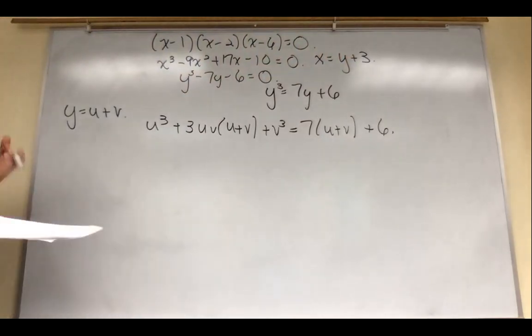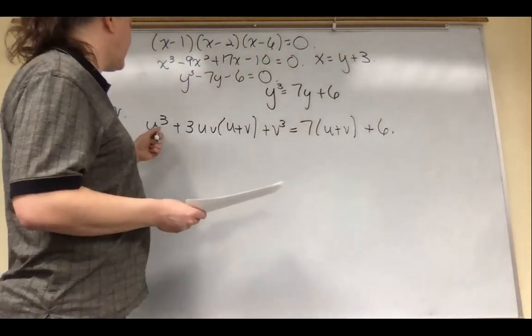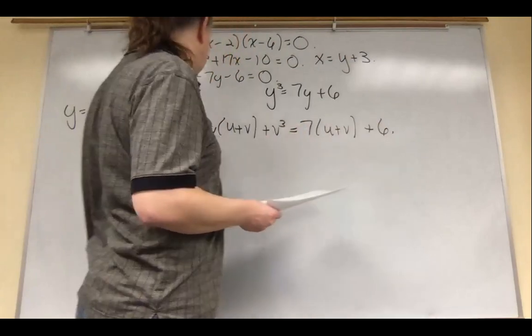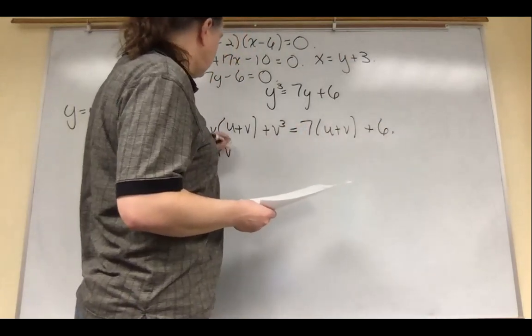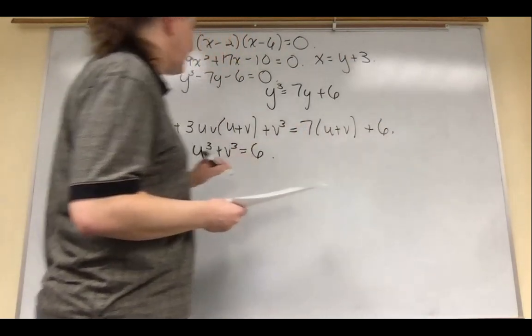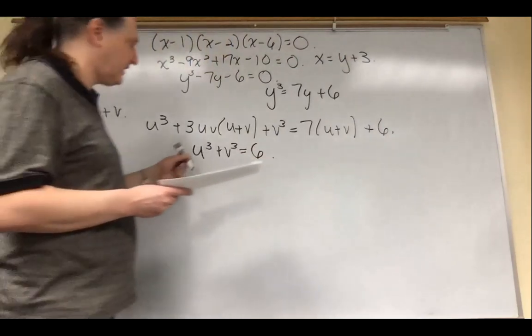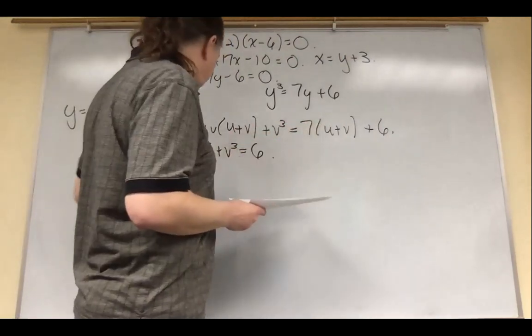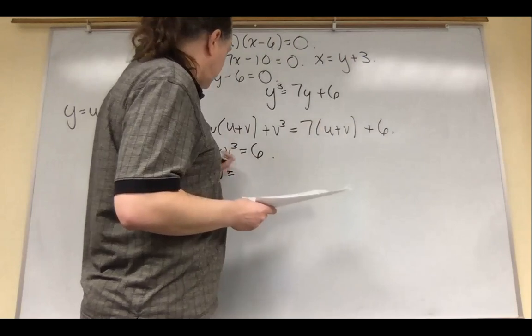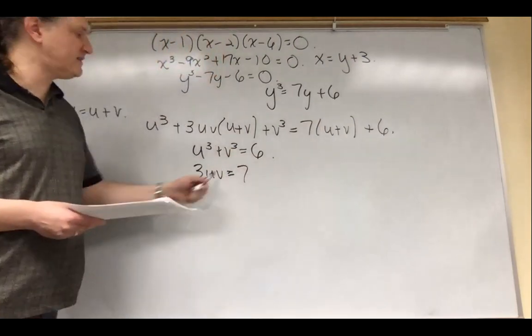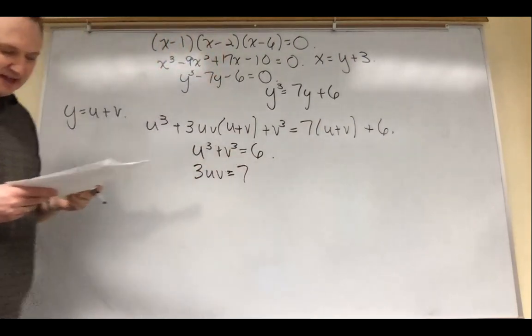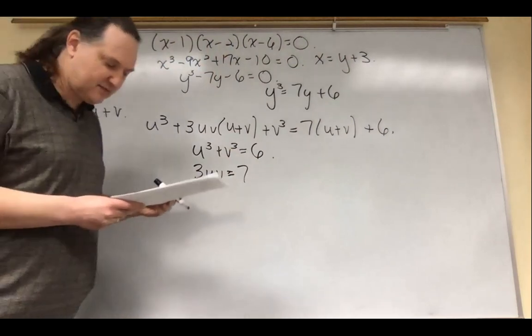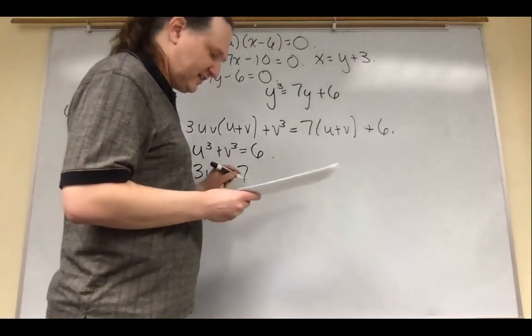And so from that we have this system of equations as we did last time, u cubed plus v cubed equals 6. This is not the only way to do this, but this is a way that would solve these things, and 3uv equals 7. Last time it was nice. This number was a multiple of 3. It's not anymore. That's moderately inconvenient as far as things go.